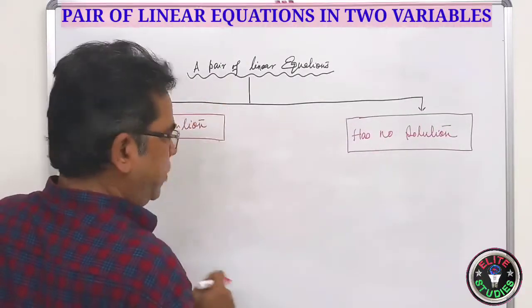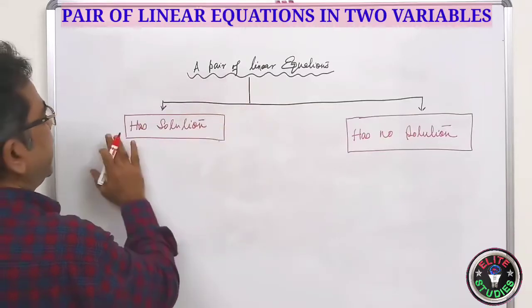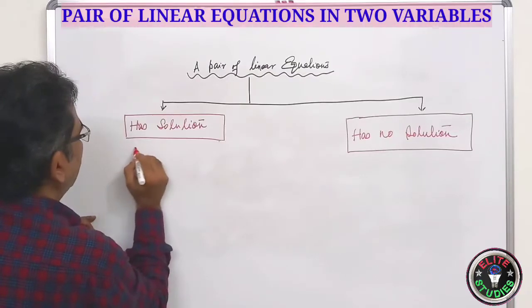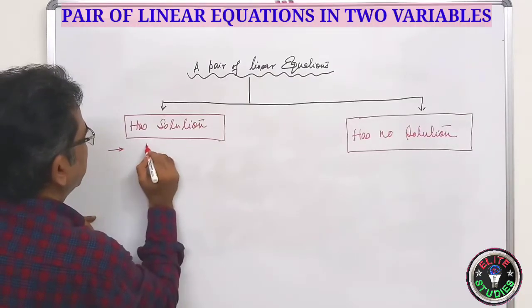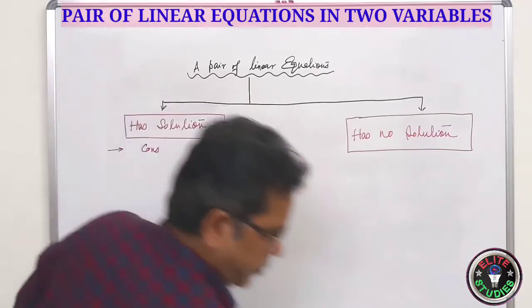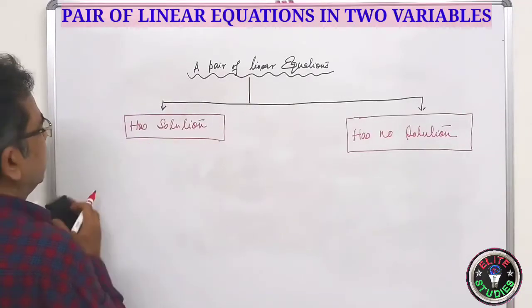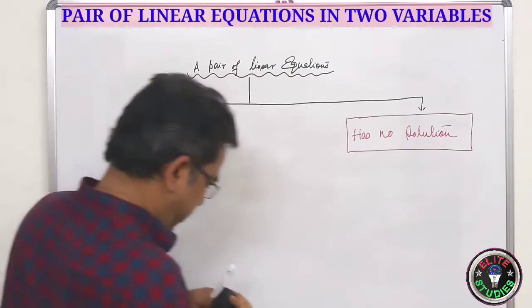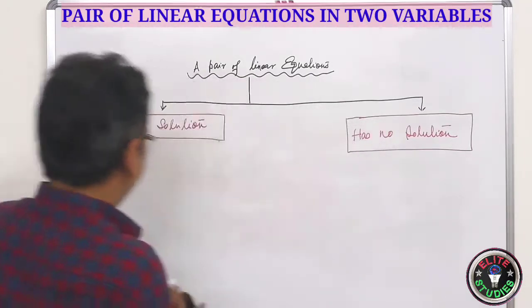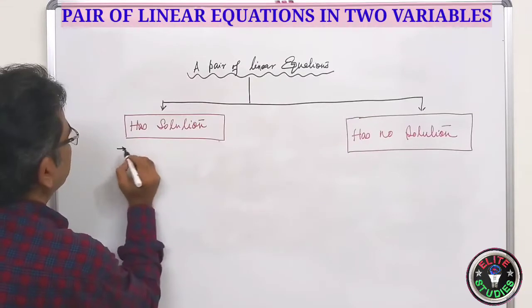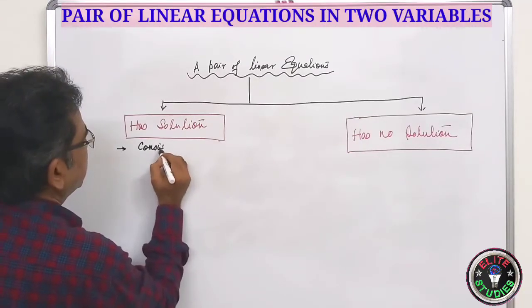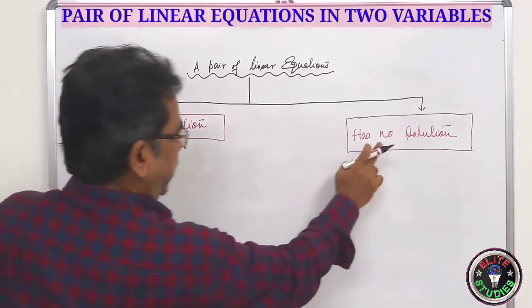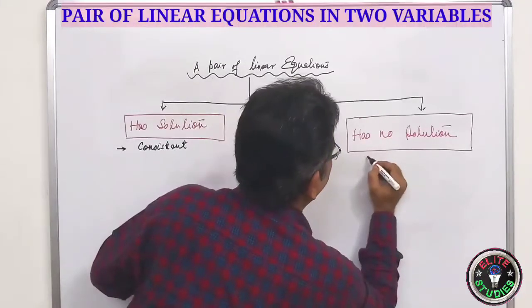If any given pair of linear equations has a solution, they are called consistent. In the other case, they are simply called inconsistent.